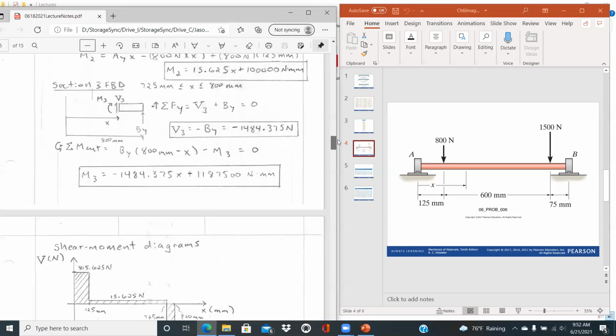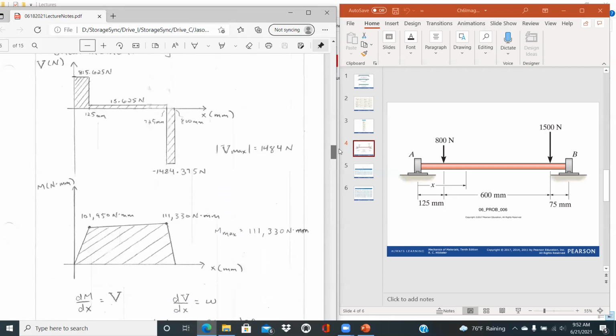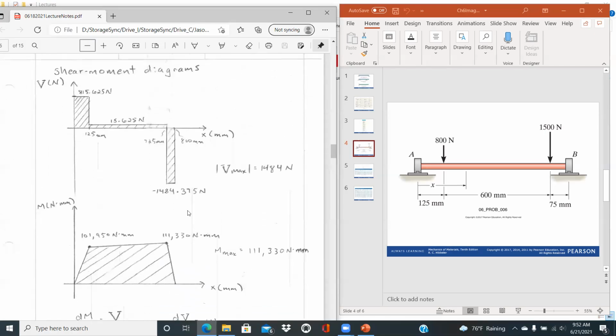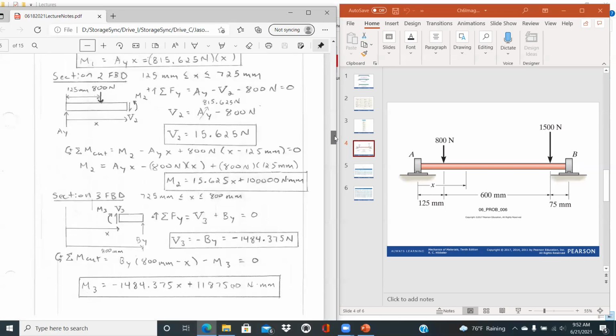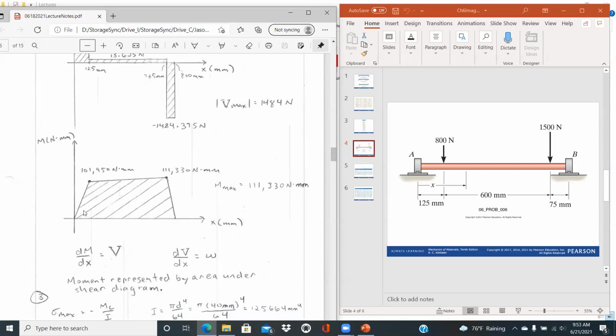But remember, these are just algebraic relationships too. So if we look at the moment as a function of x, that's what these equations represent. If you were to plot this, M1 = 815.625 times x, that would plot as this first slope right here.